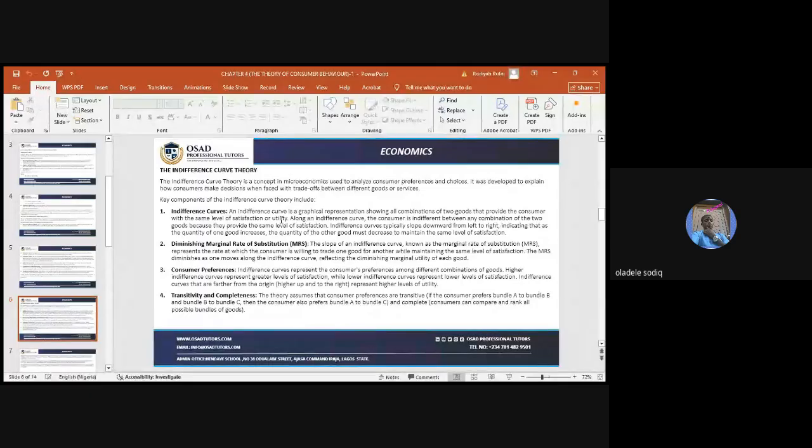So MRS means marginal rate of substitution. So the marginal rate of substitution is also known as the slope of an indifference curve. So in the exam you can be asked to explain the slope of an indifference curve. Either you call it the slope of an indifference curve or you call it marginal rate of substitution, MRS.